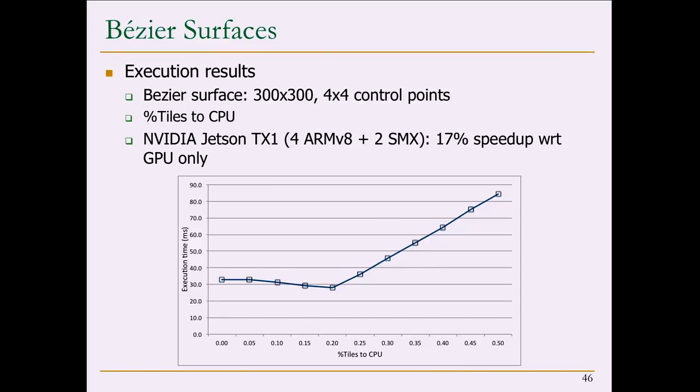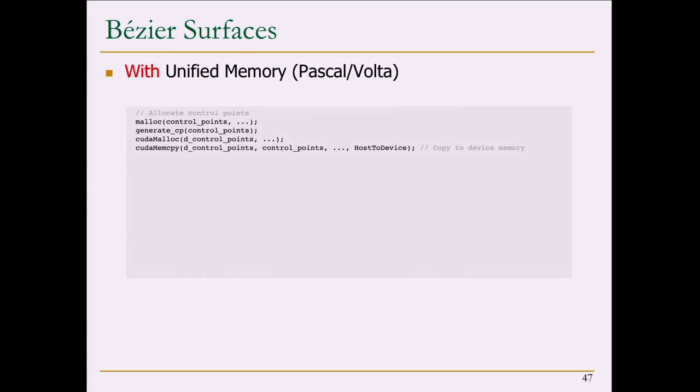So even though this is a good case for static partitioning, not always we are going to have such a favorable situation. If we want to use unified memory, these new heterogeneous features, we can do it.